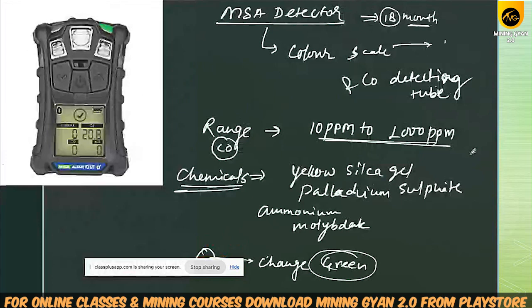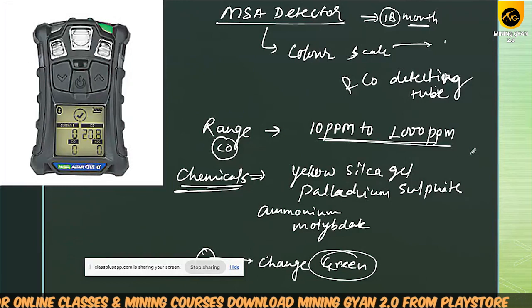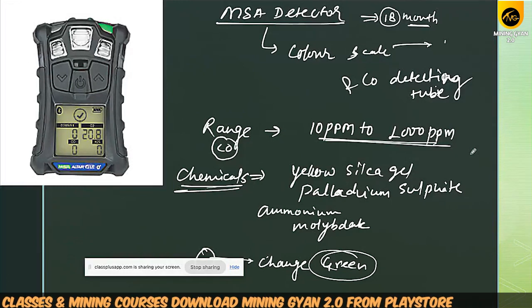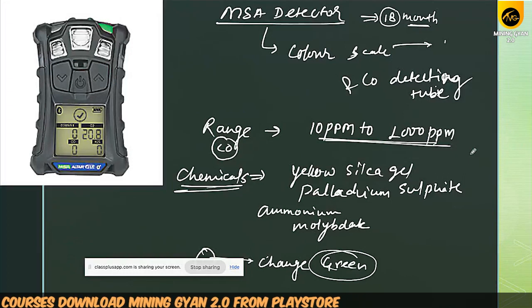Then we have seen the MSA detector, which has a color scale and a carbon monoxide detecting tube. For the MSA detector, the range is 10 ppm to 1000 ppm, and the chemicals used are yellow silica gel, palladium sulfide, and ammonium molybdenum, and it changes its color to green.